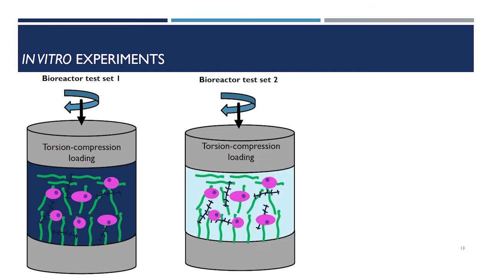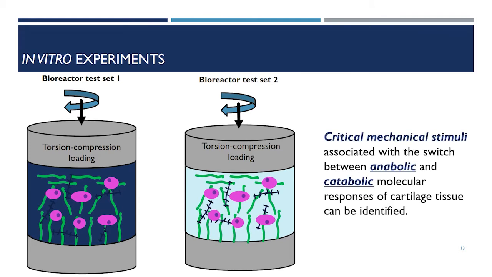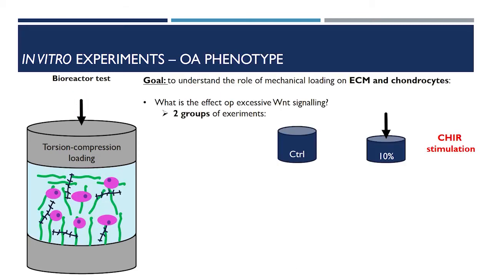Our current research insights document the mechanobiology of healthy chondrocytes and allow to determine the critical mechanical stimuli associated with the switch between anabolic and catabolic molecular responses of cartilage tissue. In ongoing research, we are now manipulating the cell phenotype to represent signatures of early OA to extend our insights towards mechanobiology of OA cartilage.